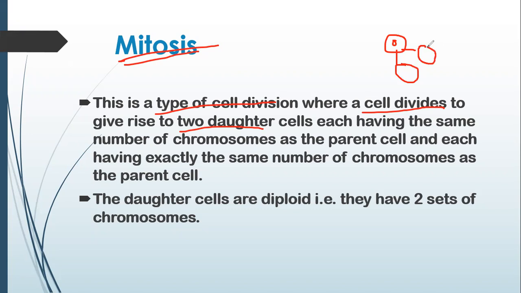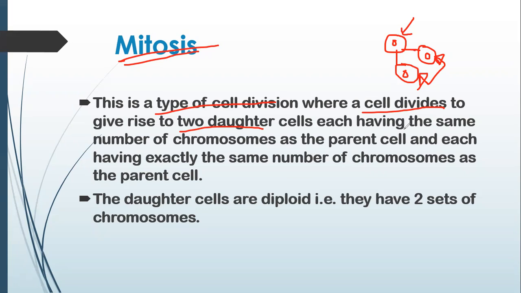I don't know why they are not called sister cells, but they are daughter cells. Each daughter cell is exactly the same as the parent cell, and the two cells formed are genetically identical. In other words, everything is the same.